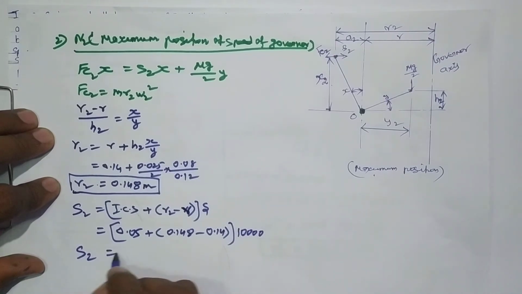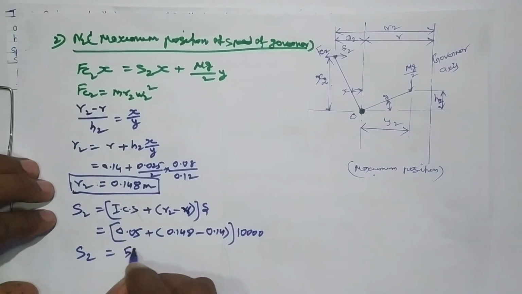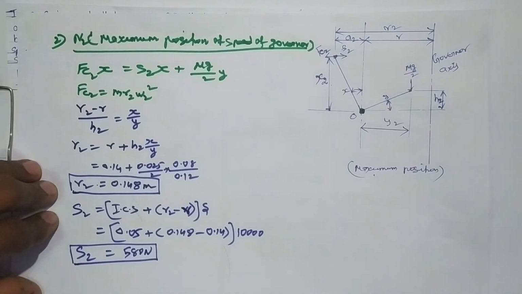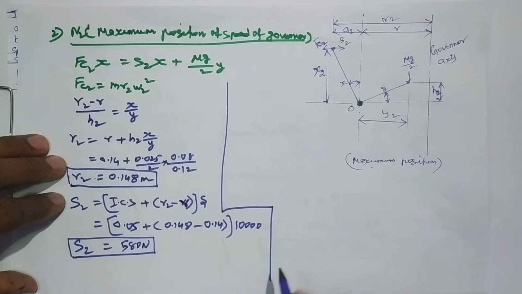So S2 equal to, so what is it equal to, you are getting that 580 Newton, right? So you know all the values. Now substitute in the equation.